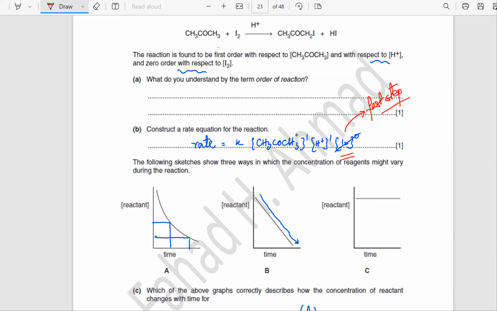Because if one step is taking 100 seconds and one step is taking 1 second, if you increase the speed of the 1 second step, the overall speed of the reaction would remain unchanged. Nothing would happen to it. So fast step जो होता है ना वो irrelevant होता है when it comes to speed of the reaction. ठीक है, it's always the slow step which determines the speed of the reaction. So since the rate depends on these two, they must be in the slow step. Is that clear?